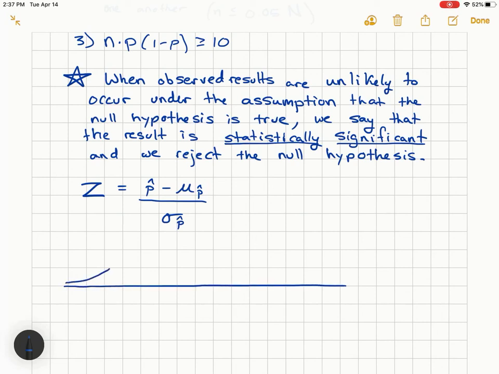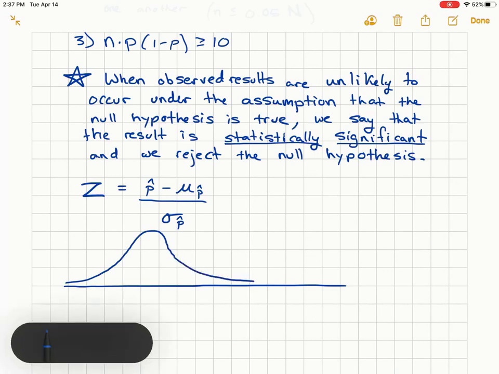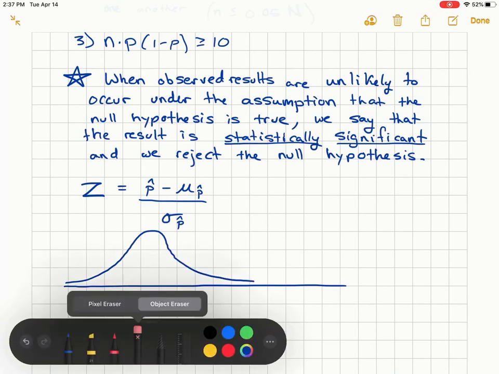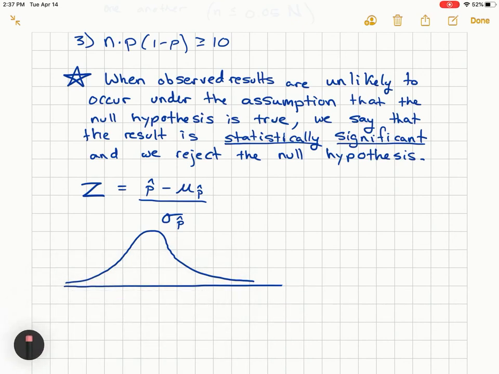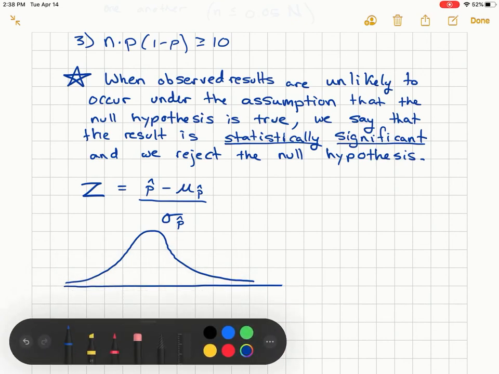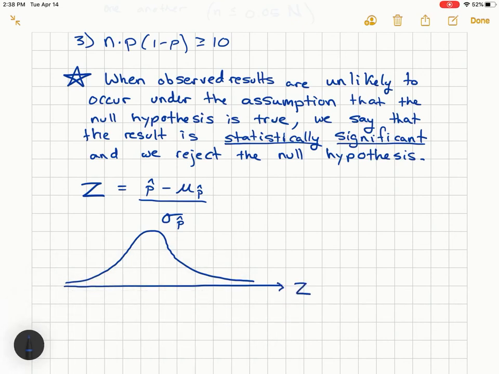And since we have an approximately normal distribution, our z-distribution would look something like this.